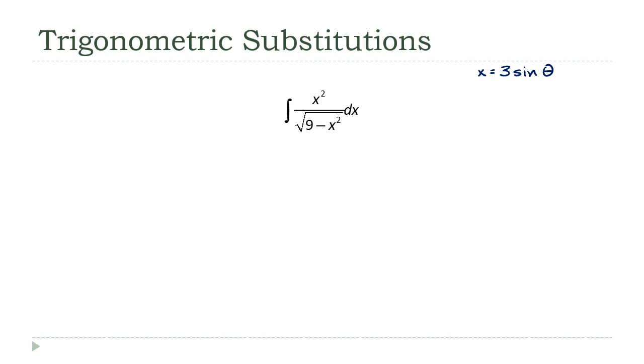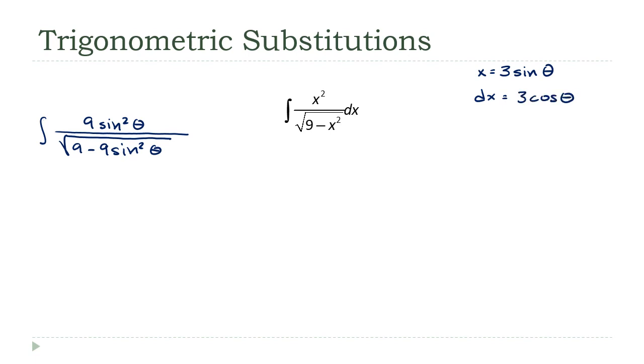Then this becomes the integral of 9 sine squared theta over the square root of 9 minus 9 sine squared theta. And what's dx? Well, dx is 3 cosine theta. So this will be times 3 cosine theta d theta.